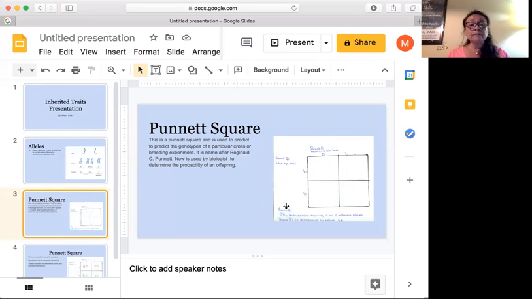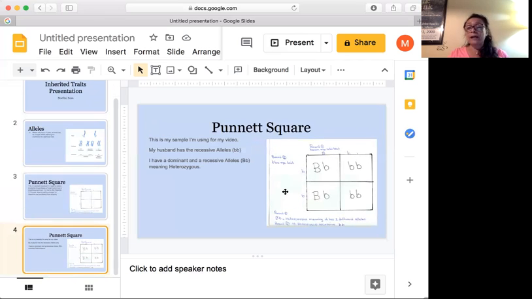A Punnett square is used to predict or determine the probability of our offspring, and it's named after Reginald C. Punnett, who started using it to predict traits in flowers, animals and all the other stuff. It's just predictions of how traits were affected through generations.